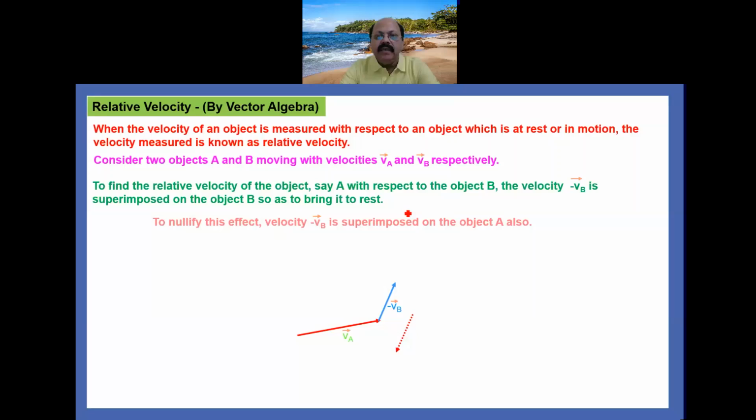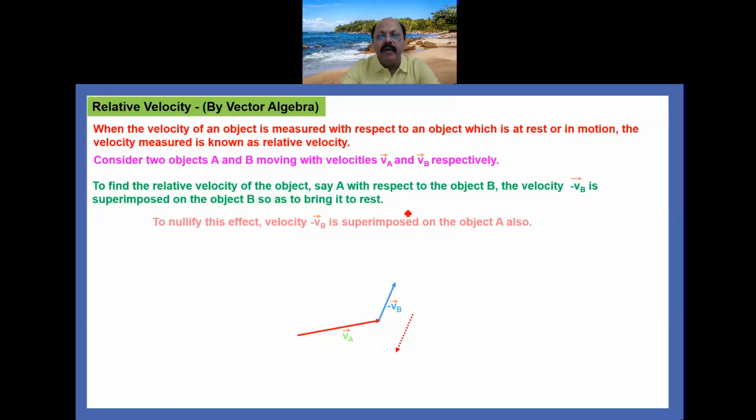Now you see that the VA vector and minus VB vector are in the same order and represented by two sides of the triangle. So their resultant is represented by the third side of the triangle.